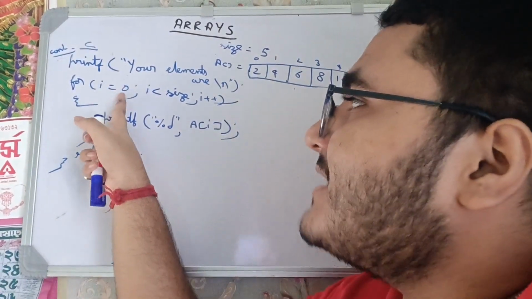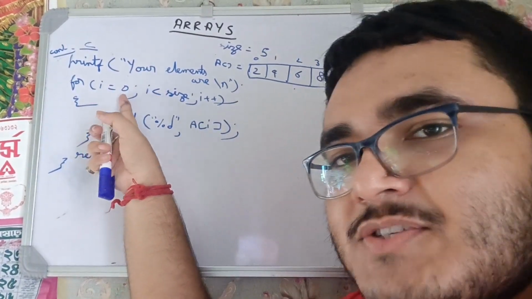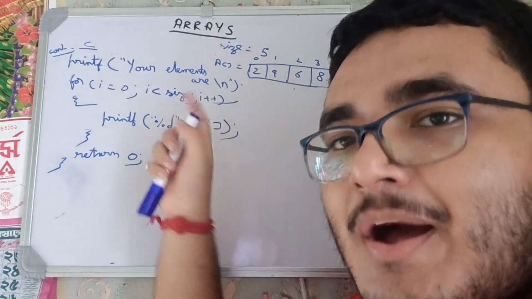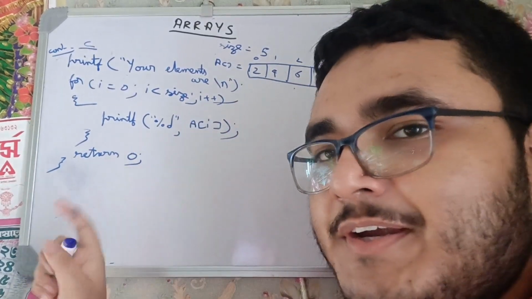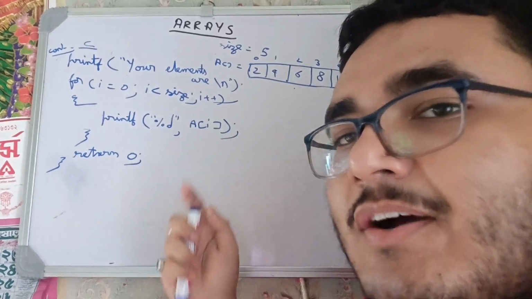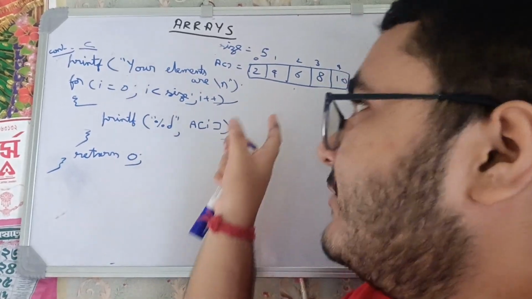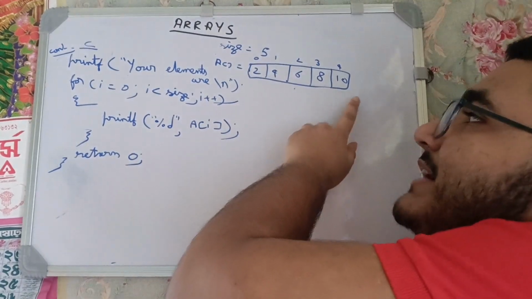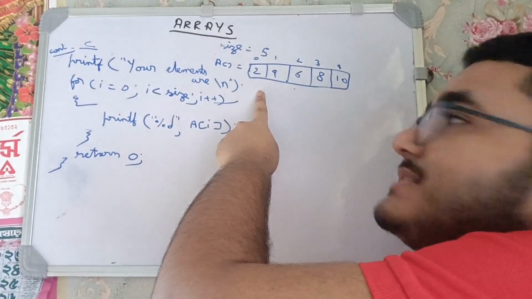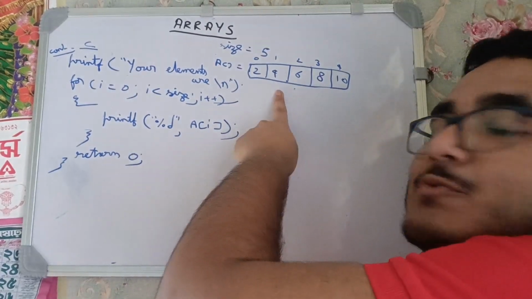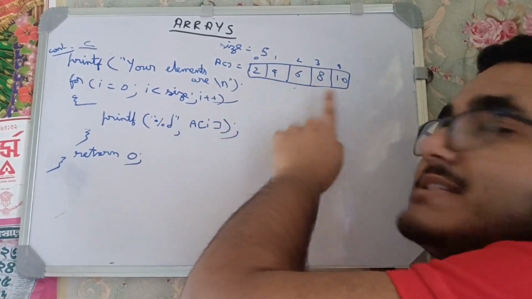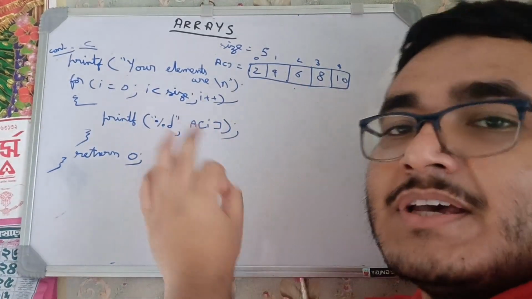You can start the i loop from size-1 and go down to 0, so the elements will get printed in reverse order. But the question may be that you need to reverse the array itself. That means 10 will come in index 0, 8 will come in index 1, 6 will stay in 2, 4 will come in index 3, 2 will go to index, this way.